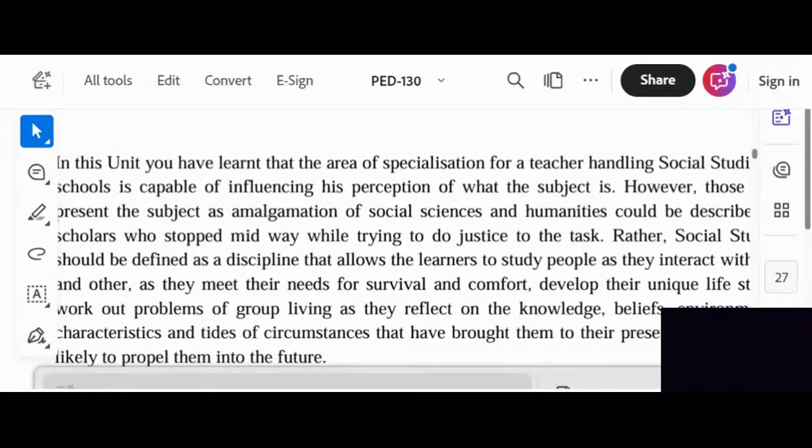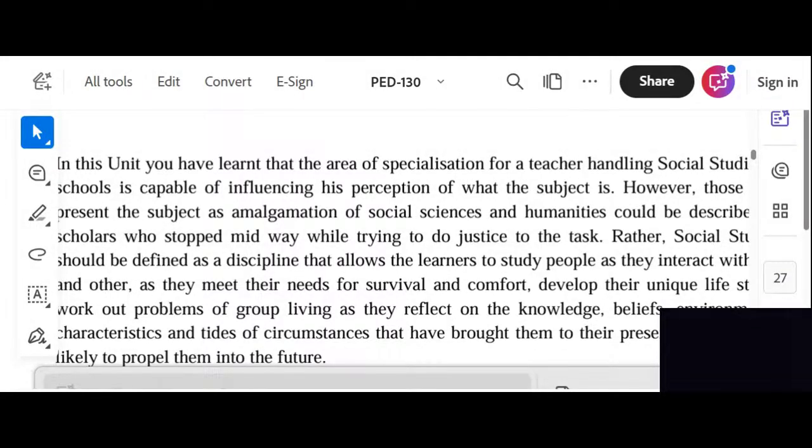If, for instance, you graduated with a BSc in agriculture, or you graduated from mass communication, and then you had to teach social study, your specialization is going to contribute very much into how you will teach social studies. That's what I'm trying to say.